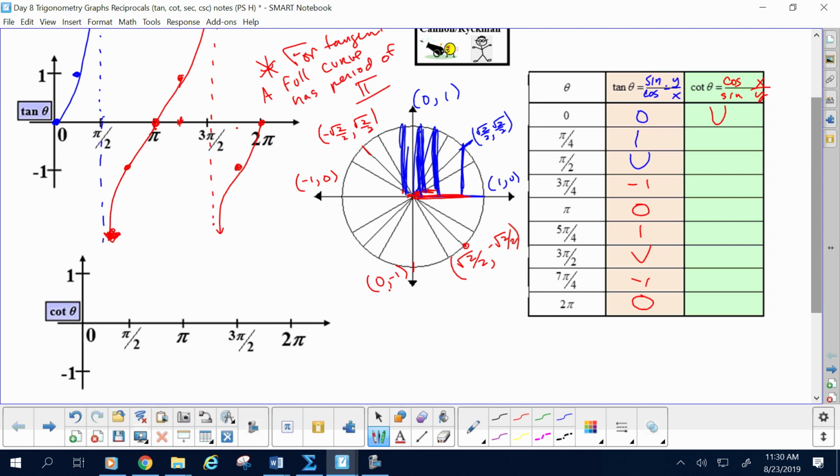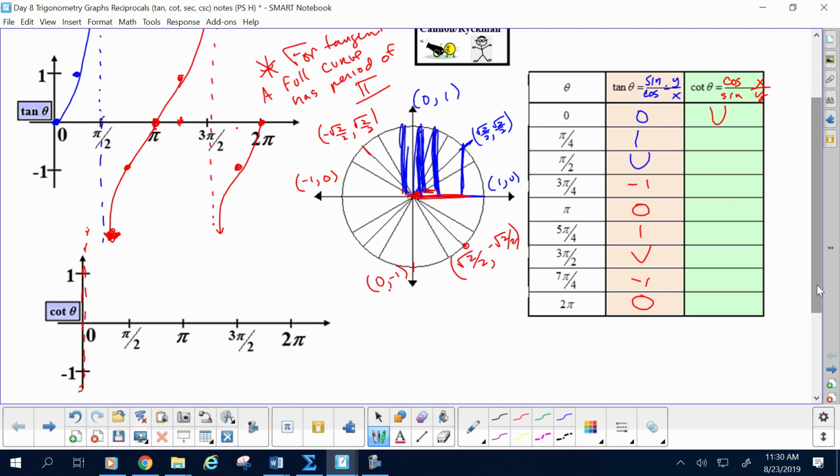Undefined. So this one is already starting at undefined. What do we get when we get an undefined? What's graphically going on? So this one, cotangent, actually has an asymptote at a different place because it has a different 0 denominator problem. Where sine is 0, we've got a problem.